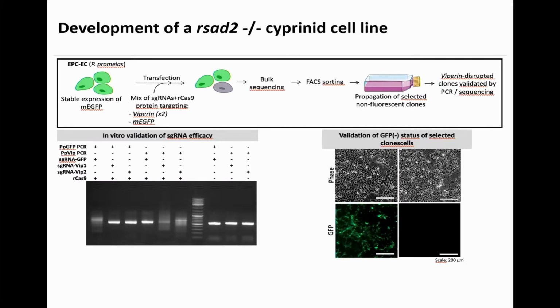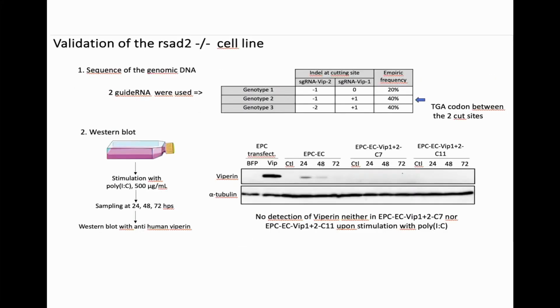And so we did that in a well-known and well-used cyprinid cell line, the EPC line. So we wanted to know if the guides were working, and they were working. And then we used exactly the same protocol as the one I described before, and we got mutants.